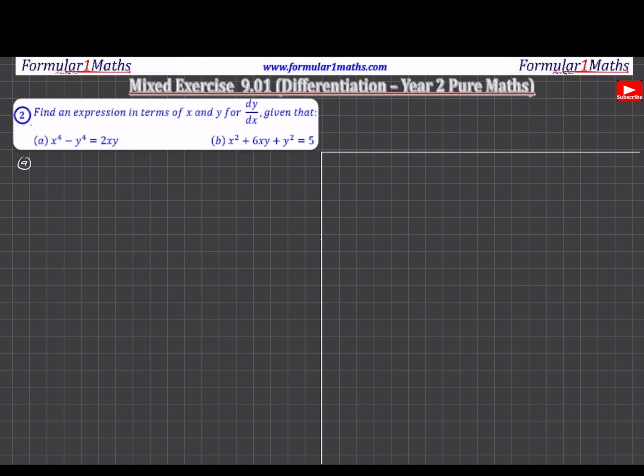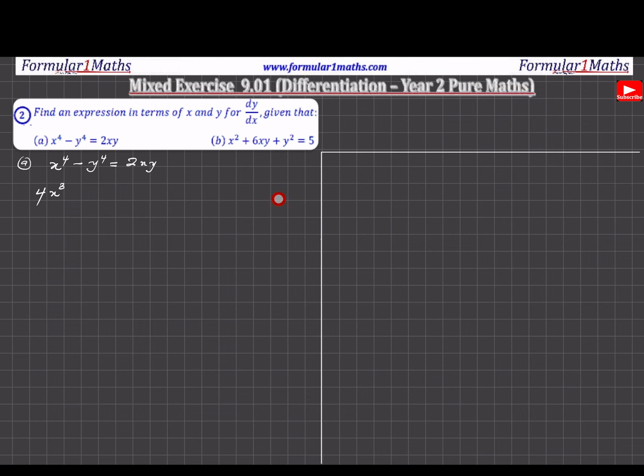So for a, I've got x to the power 4 minus y to the power 4 is equal to 2xy. So I'll start differentiating. If I differentiate x to the power 4, I'm going to get 4x cubed.